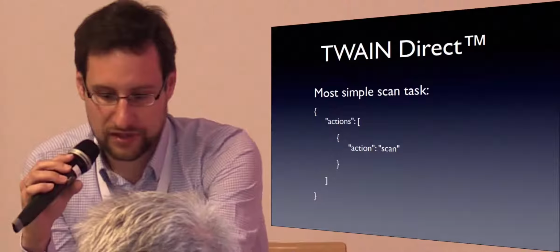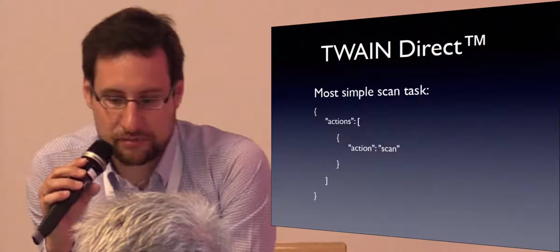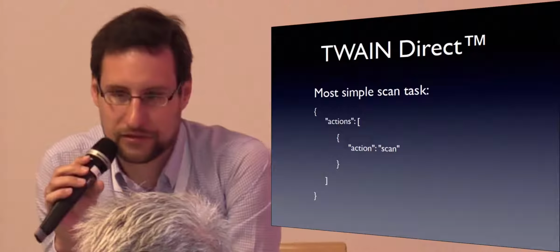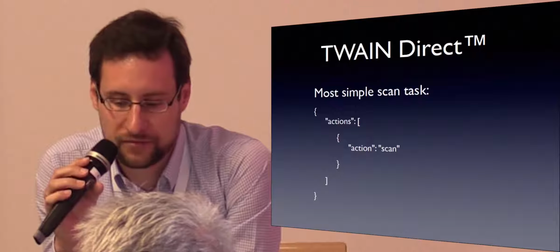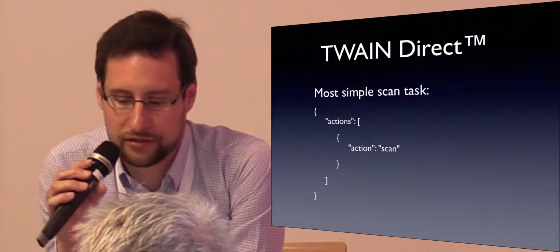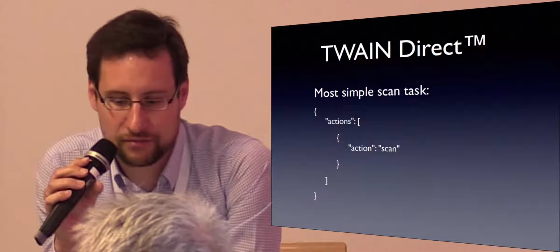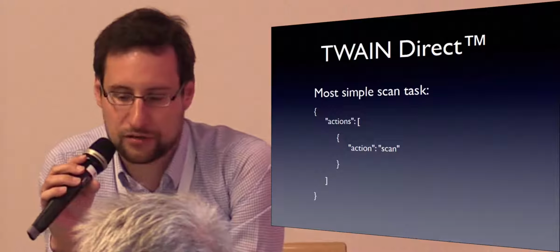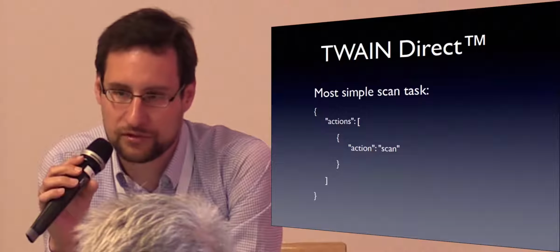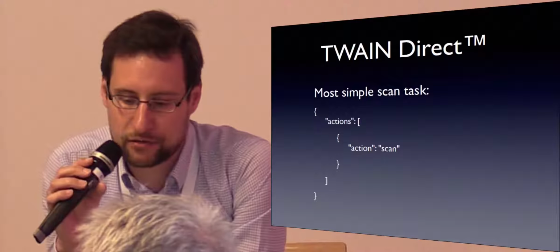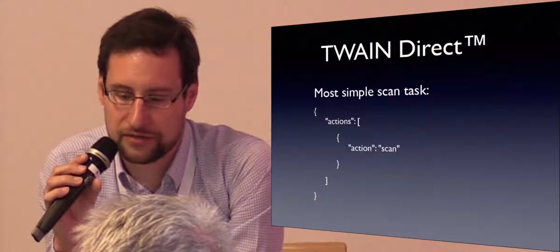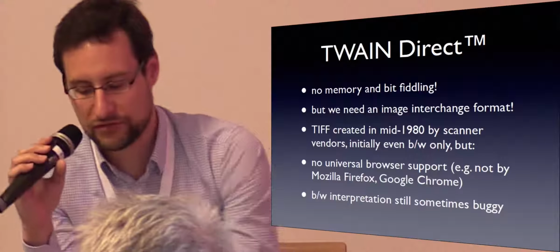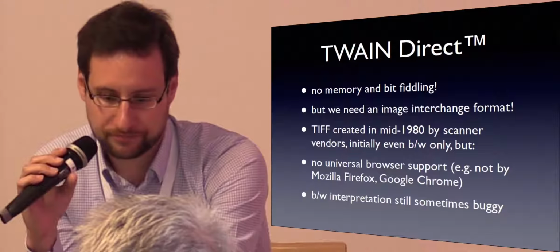And in one slide, the most simple scan task that you can send to the scanner looks like this. Compared to all this bit fiddling from the PC world, you probably agree that this is much nicer and simpler. If you don't care about quality and settings, this is the most simple API call that you can use with TWAIN Direct to get the image data, the scanned paper, from a scanner in the future.